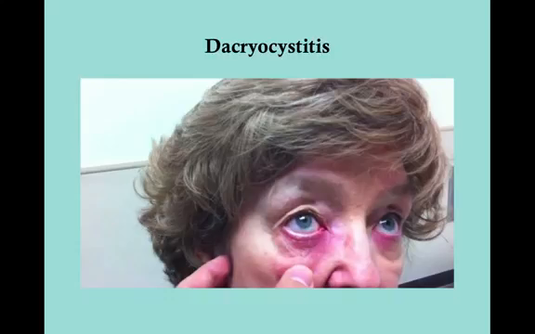So this is a woman with dacryocystitis, and you can see here that there's inflammation at the medial canthus, and then down along what appears to be the lateral aspect of the nose. And this might be bilateral here, and that would make sense in this case if this is a chronic case, because women are at risk of getting that idiopathic primary obstruction.